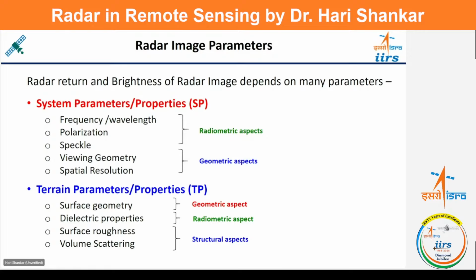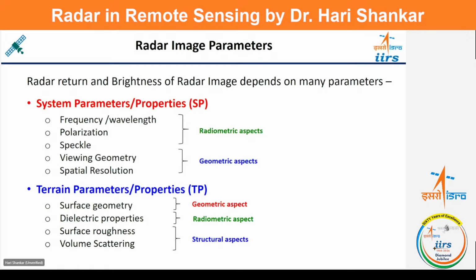So how are we going to investigate these parameters, or how can we understand that the radar image quality is changing because of these parameters? Because the radar returns, or the brightness of the radar images, depend on these parameters. Now one by one we can understand how the system parameters are affecting the image quality or image brightness values, and how the terrain parameters are affecting the image quality.